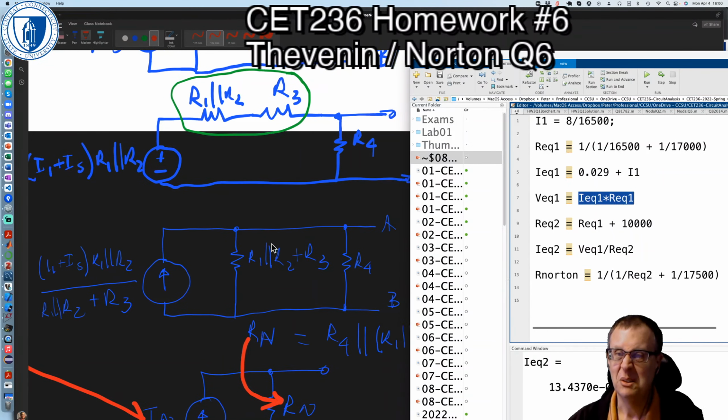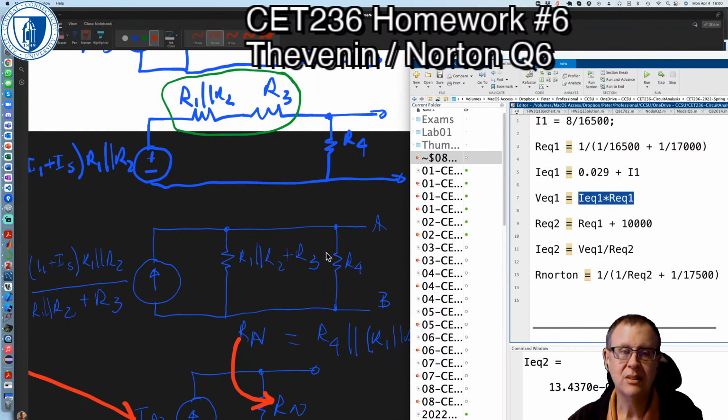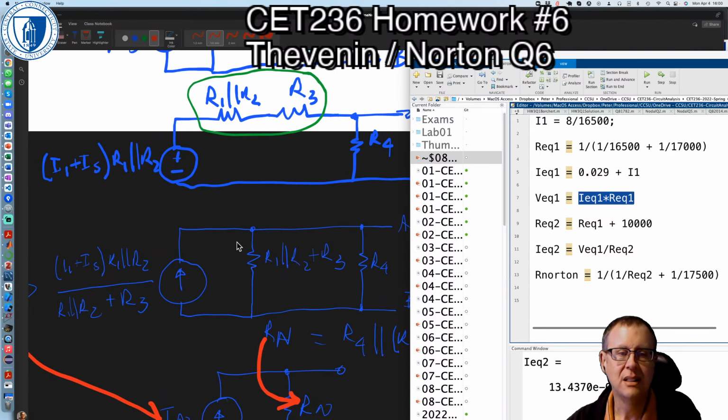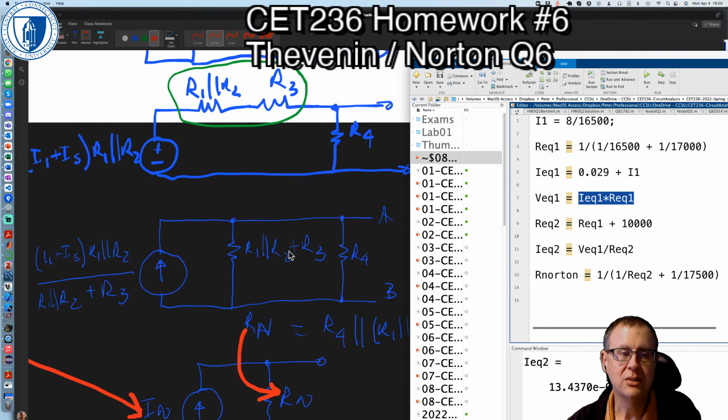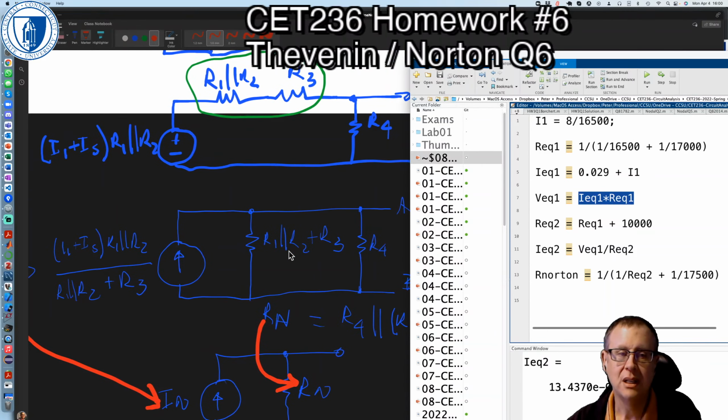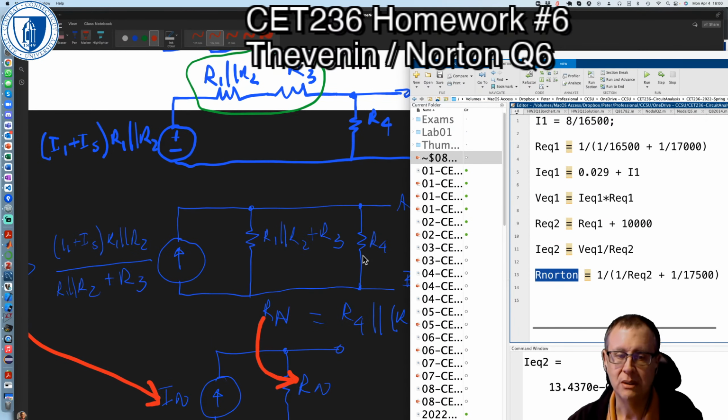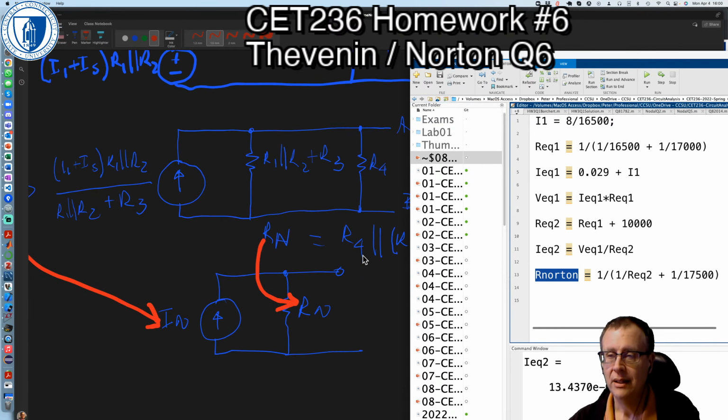And then our second equivalent is just adding on R3, and our equivalent current source is just VEQ on REQ2, and then finally our R Norton is that. And that is how to do that question.